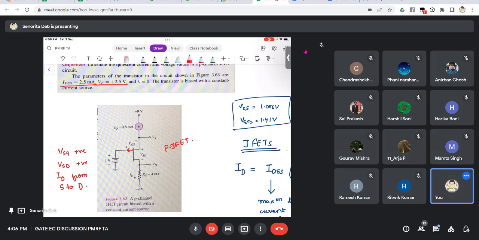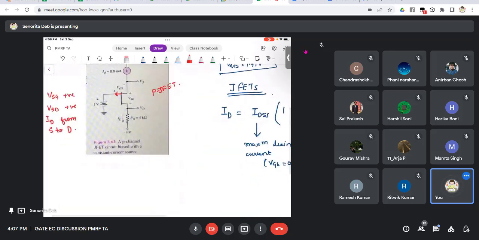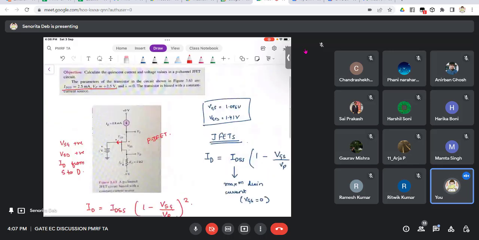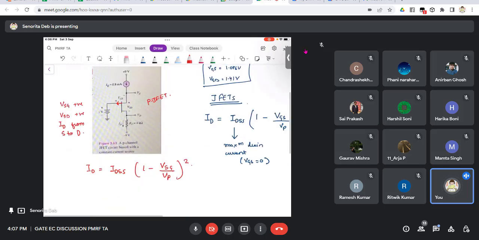So now how will you solve this problem? You have the formula: ID equals IDSS times (1 minus VSG by VP) squared. Now the value of VP is given to be plus 2.5. You should know that here the value of VSG will also be positive, or you can write it as VGS itself and that will be positive.